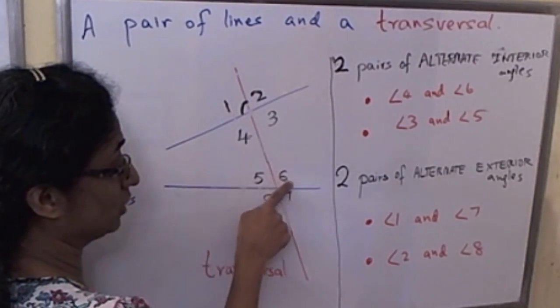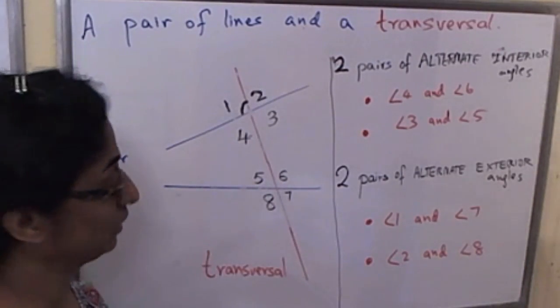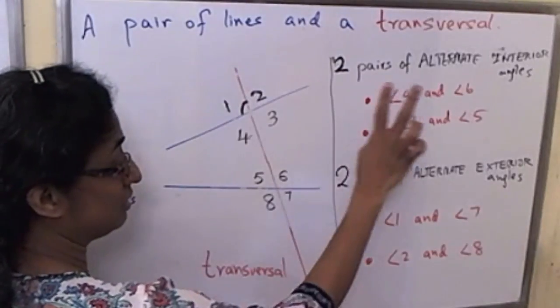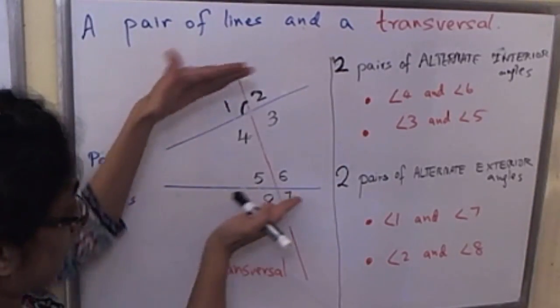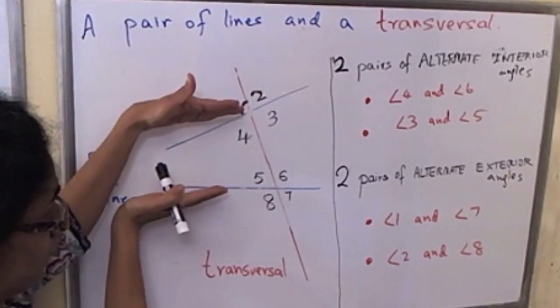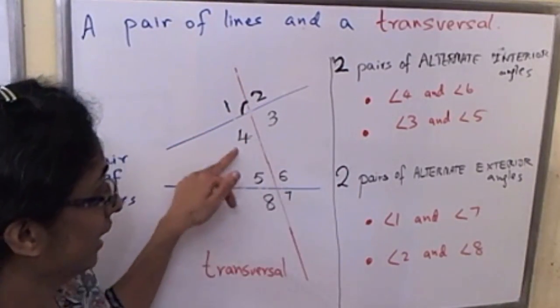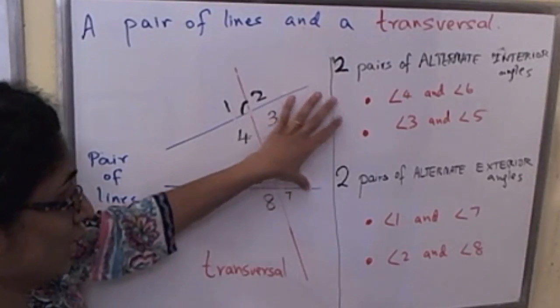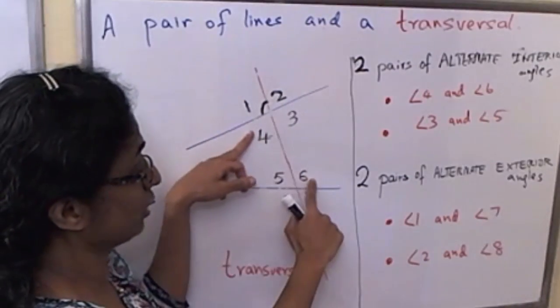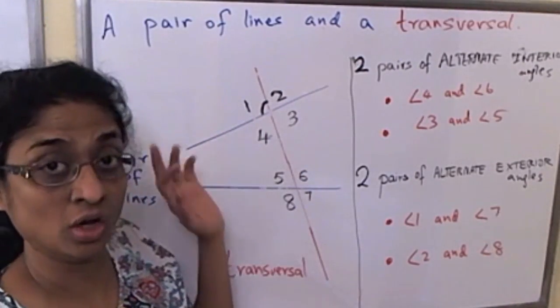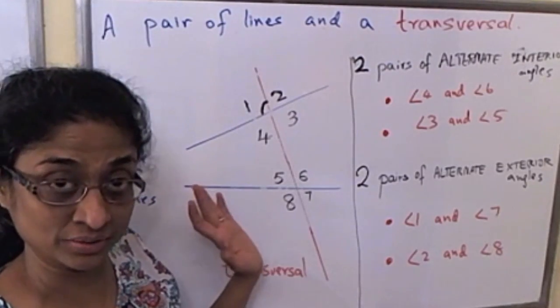That's why they're called alternate angles. They're called alternate interior angles because if you notice, these 2 lines form the space in between them and 4 and 6 lie in that space. So 4 and 6 are called alternate interior angles.